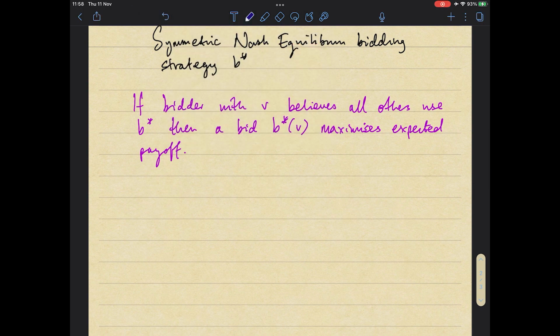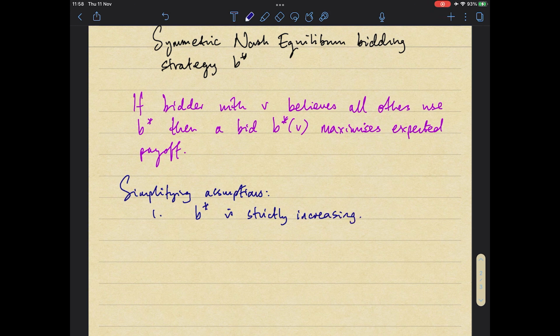Now, to simplify our analysis, I'm going to make two simplifying assumptions. And hopefully these are pretty acceptable. Okay, so the first, I'm going to assume that this is a strictly increasing function. So B star is strictly increasing. What does that mean intuitively?